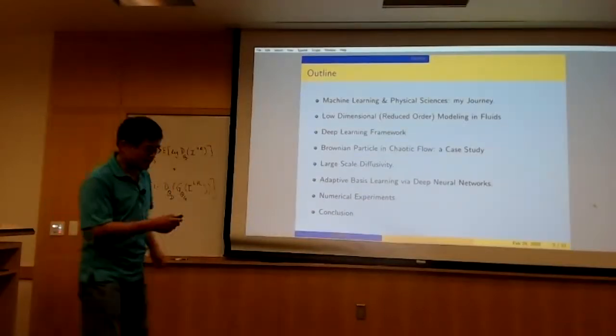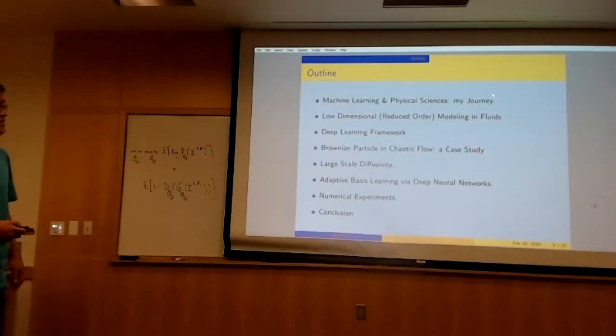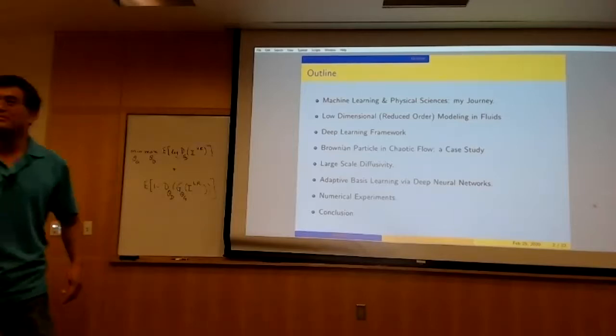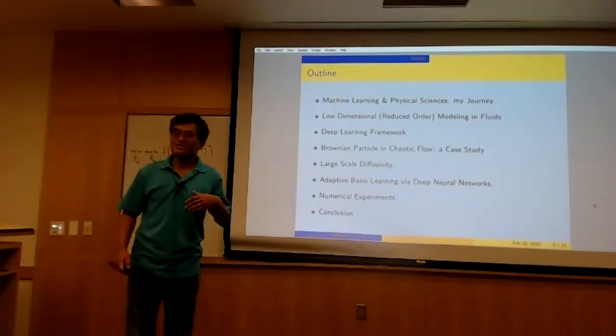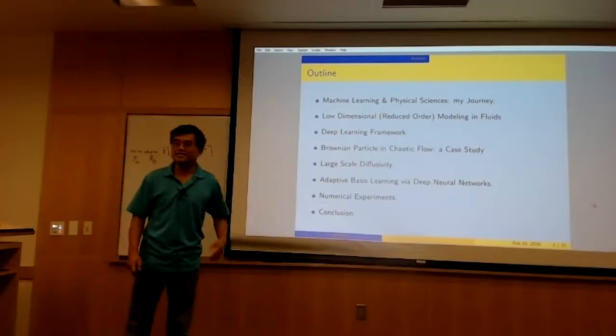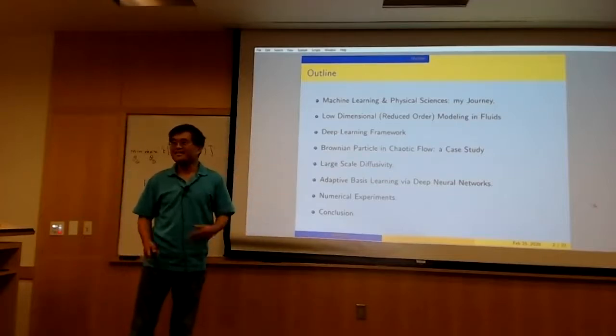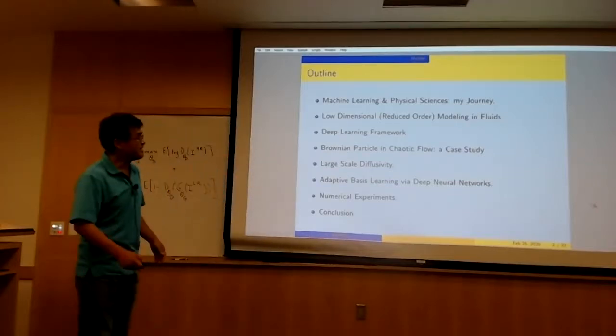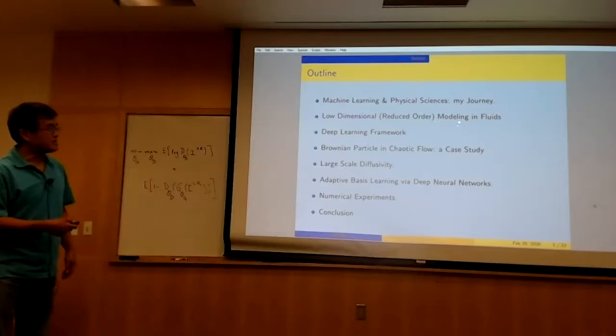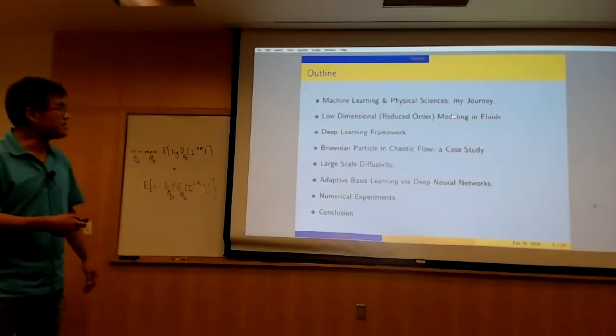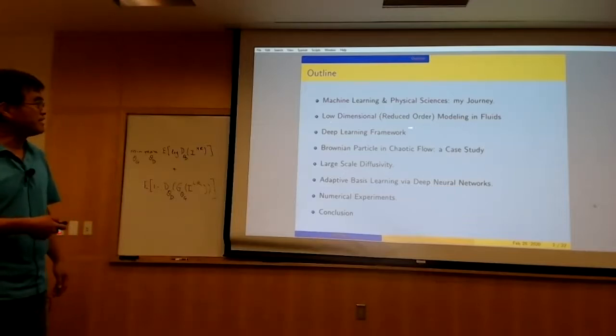Here's the outline. So first I'll quickly describe my own journey from doing physical applied math to machine learning, and then integrating the two areas. And then I'll get to the specific problem of today, which is how to do low-dimensional modeling for fluid dynamics.